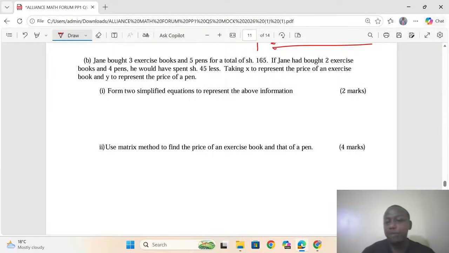Had Jen bought 2 exercise books and 4 pens, he would have spent 45 less. Taking X to represent the price of an exercise book and Y to represent the price of a pen, form 2 simplified equations to represent the above information.